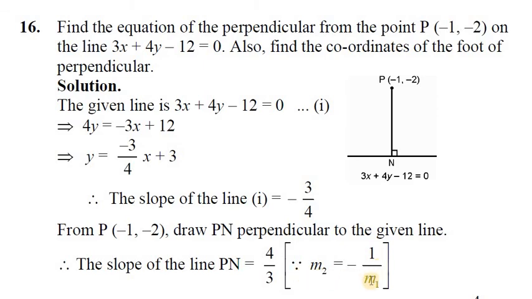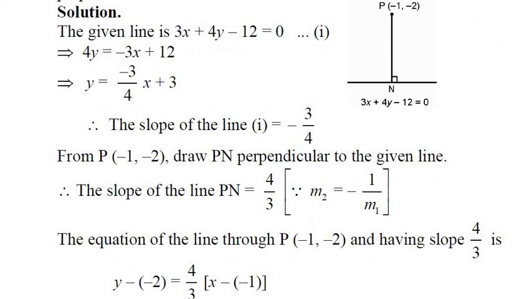So that the product of the slopes m1 times m2 is equal to minus 1. So we have the slope of the normal, that is PN, as 4/3.